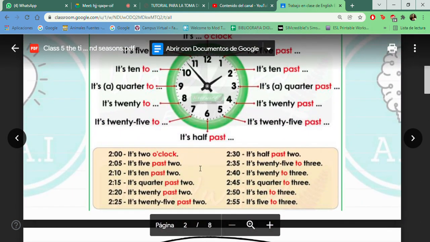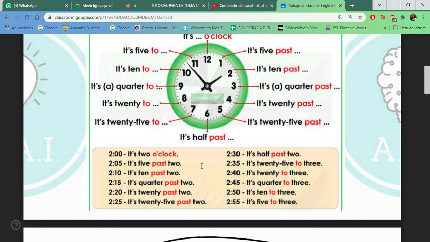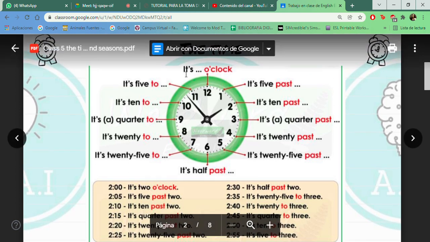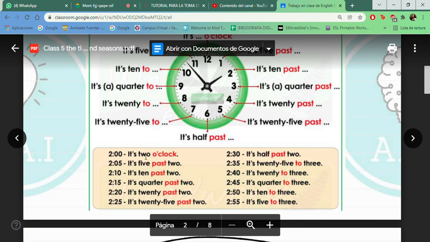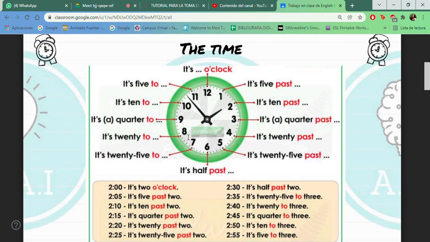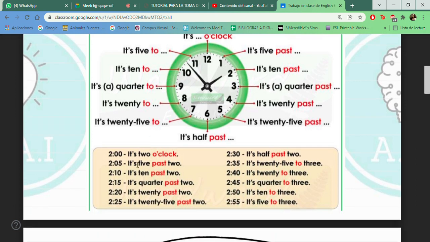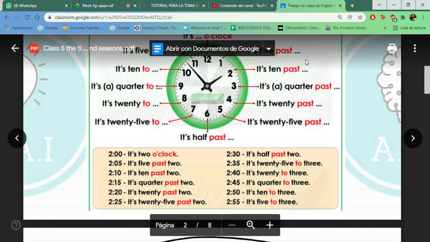Then we have the other way to tell the time. Tenemos la otra manera, okay? That is, for example, here we have always when it's on 12, it's o'clock, always o'clock, okay? It's 2 o'clock, it's 3 o'clock, etc. Then we have here, for example, it's 5 past, and then, for example, 2, right?